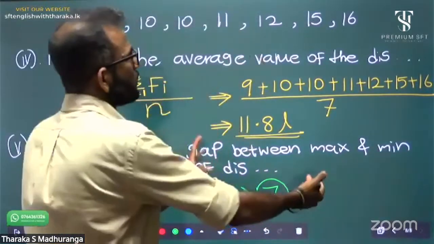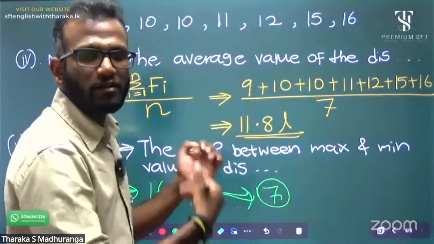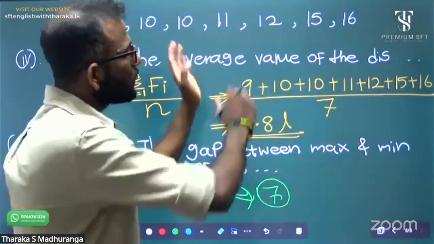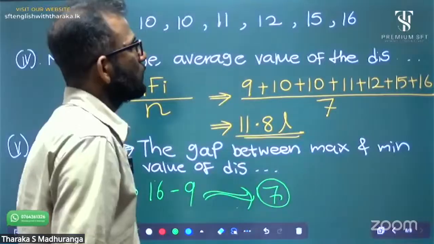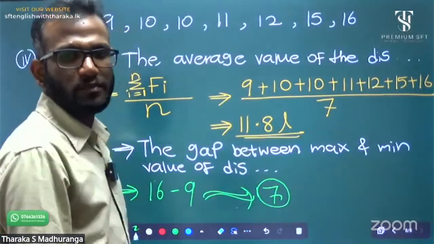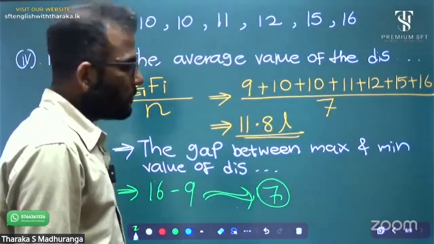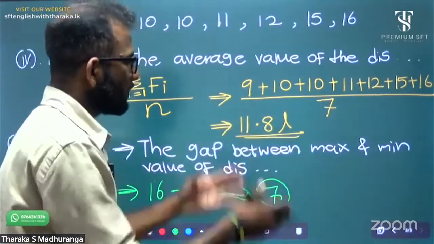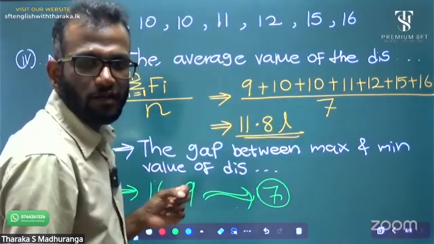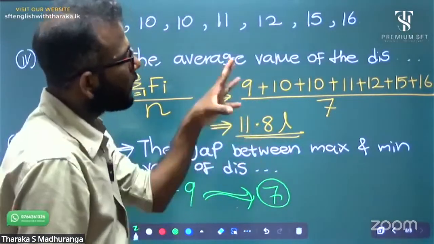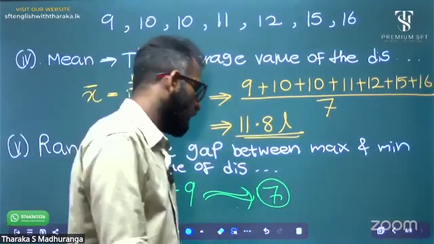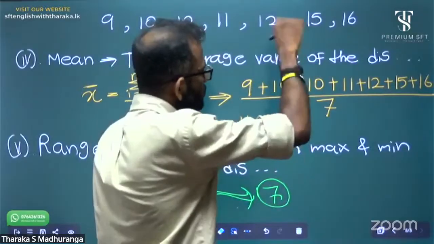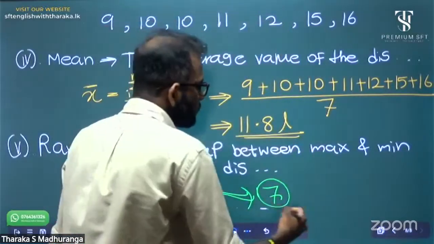Okay, why is this range important? What does the range explain about the distribution? Why do we calculate the range? We can understand the gap between values this way. For this example distribution, the range was 7, right?